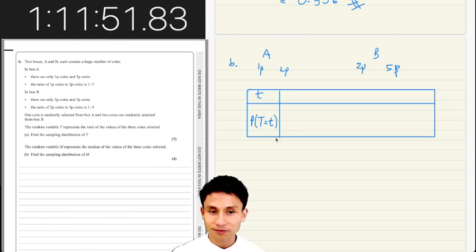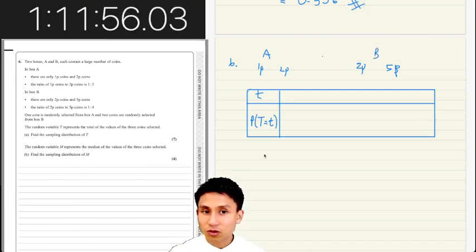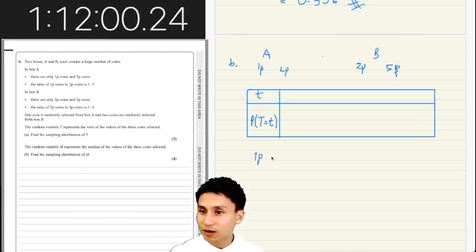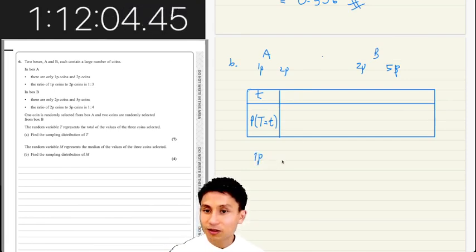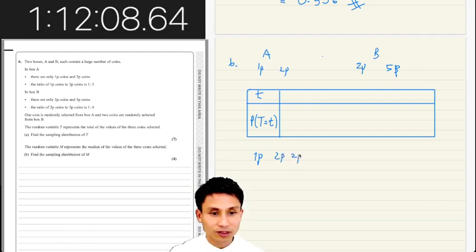Okay, what are the cases? So first coin being 1 pence. Yeah, hang on. Just 1 from A and 2 from B. Yeah. So 1 pence, 2 pence, 2 pence, 1 pence, 2 pence, 5 pence.